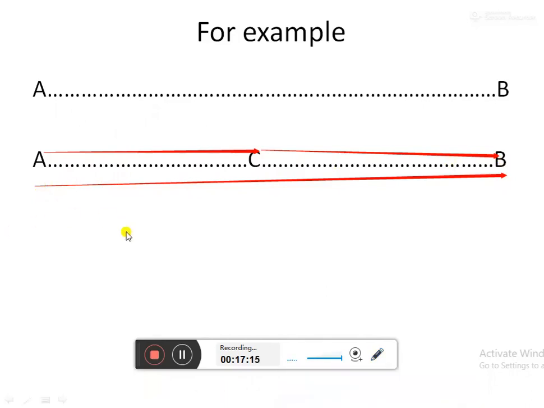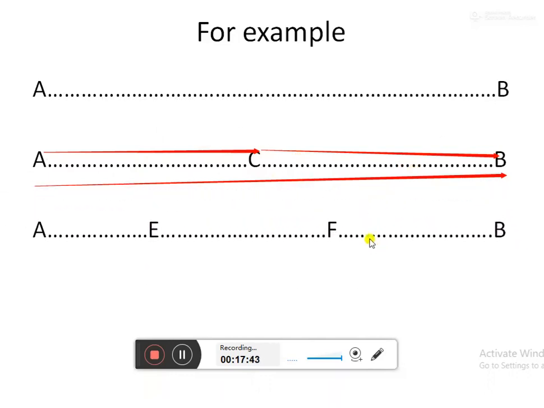In other words, if the line between A and C is the shortest, and the line between C and B also represents the shortest distance between C and B, only then the sum of these two lines would be optimal, the shortest distance between point A and B.